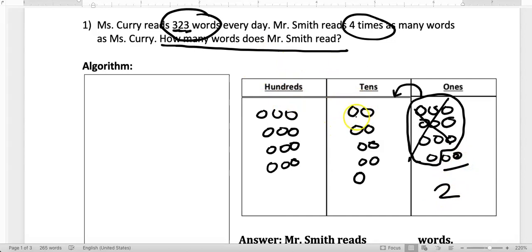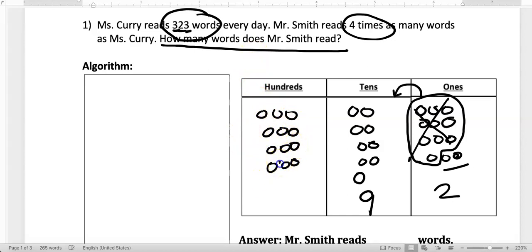Coming over to count my tens to see if I need to do any regrouping. 1, 2, 3, 4, 5, 6, 7, 8, 9. I don't have 10 tens, so I cannot regroup those tens. I have 9 tens. Coming to my hundreds. 1, 2, 3, 4, 5, 6, 7, 8, 9, 10.